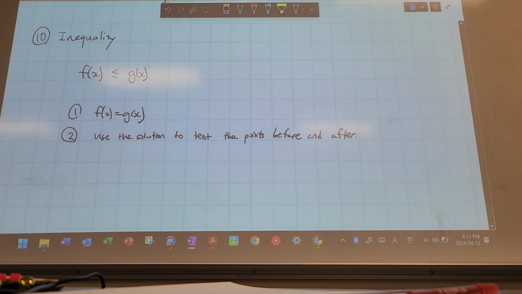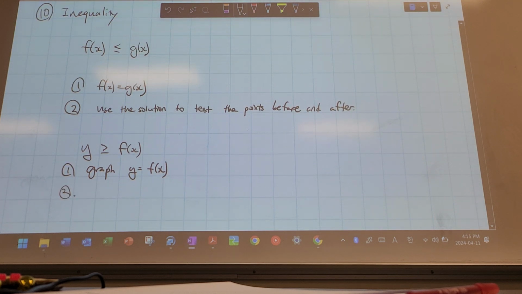Also, you can do this if you are trying to show an inequality of, let's say, y is greater than f of x. Then you do a similar thing. You graph y equals f of x, then test points in regions, then shade the true side.